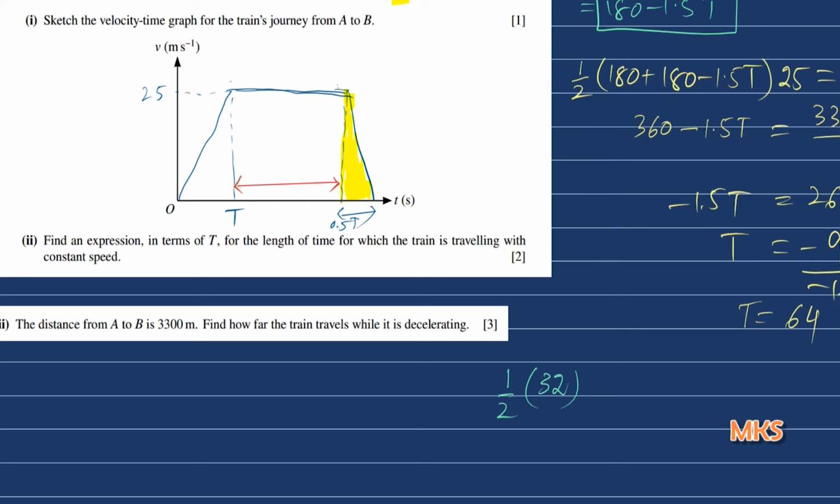Why? Because this is 0.5 t, or you can say half t, half of 64, and then 25. So the distance covered is 16 times 25, which is 400 meters.